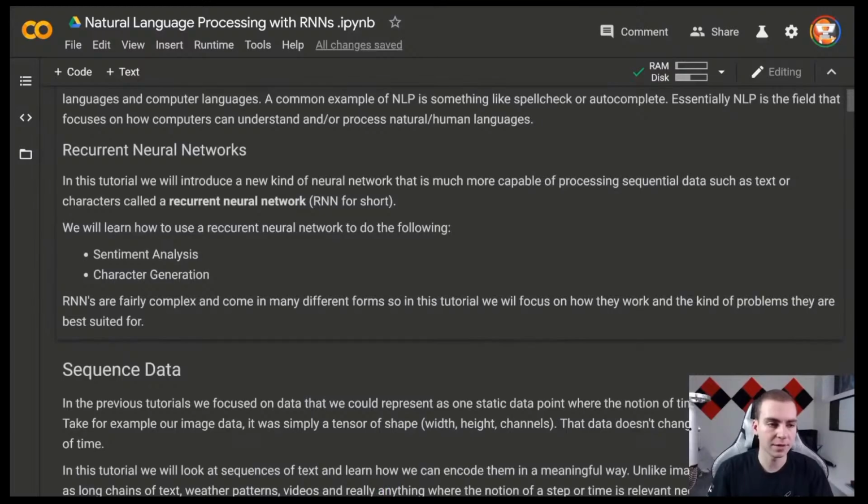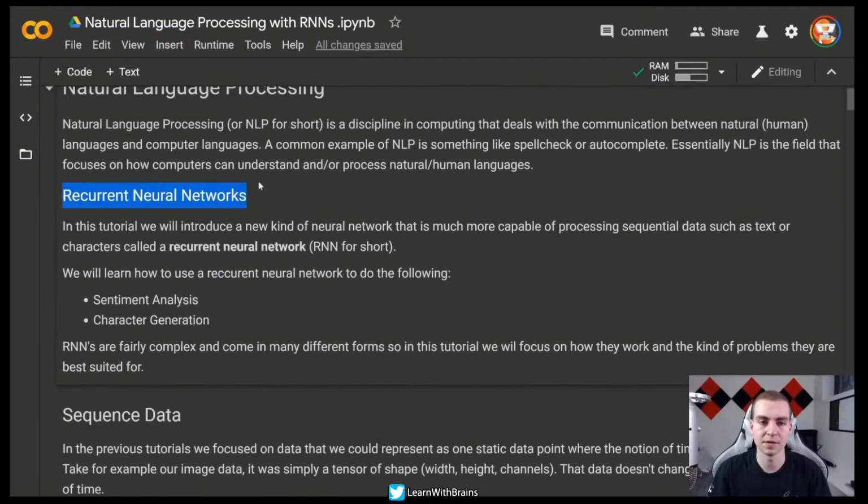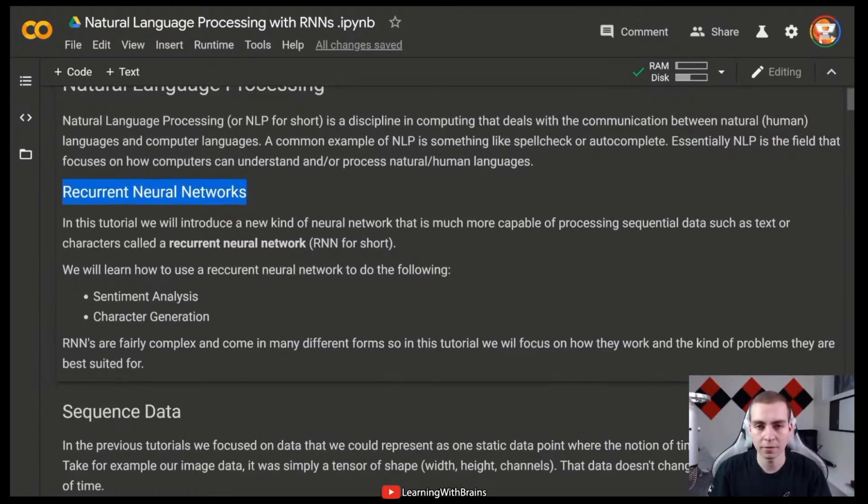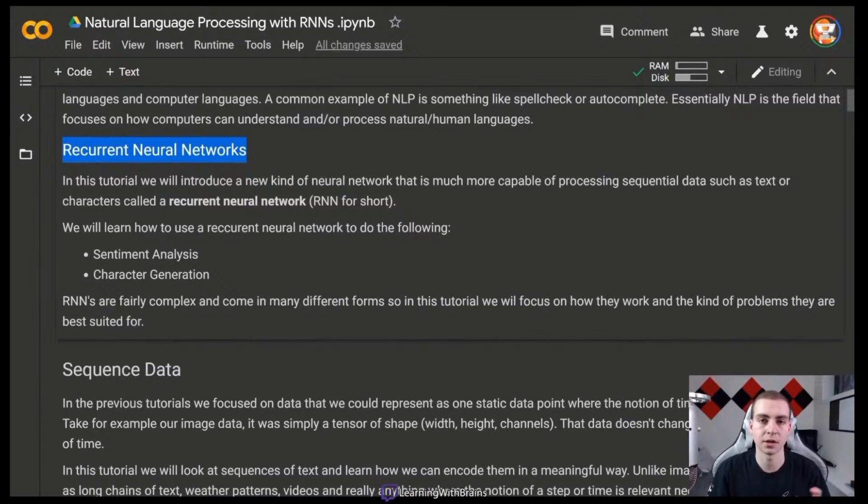Now, we are going to be talking about a different kind of neural network in this series called recurrent neural networks. These are very good at classifying and understanding textual data, and that's why we'll be using them, but they are fairly complex, and there's a lot of stuff that goes into them. In the interest of time and not knowing a lot of your math background, I'm not going to be getting into the exact details of how this works on a lower level, like I did when I explained our fundamental learning algorithms, which are a bit easier to grasp, and even just regular neural networks in general.